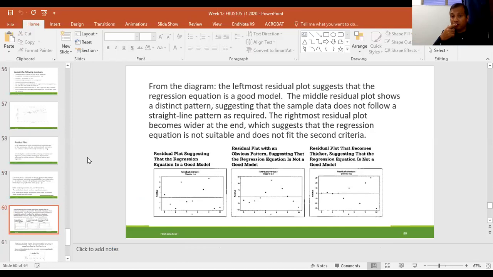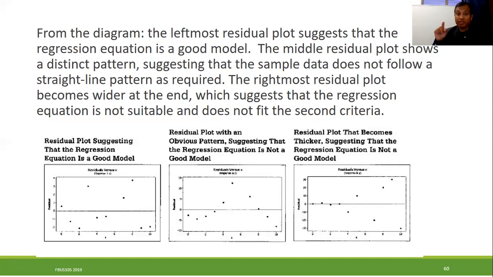And there are 3 different plots here, which say that figure 1 is the good model. Figure 2 and figure 3 are not good models. The reason has been given here. Why is the first one a good plot? Because the residual plot suggests that the regression equation is a good model. Residuals, what are residuals? Y minus y hat. This difference between the y value and the y value from the regression line is known as residuals.